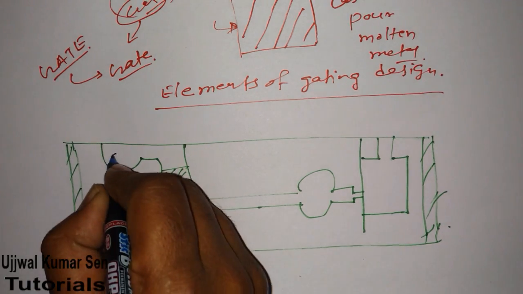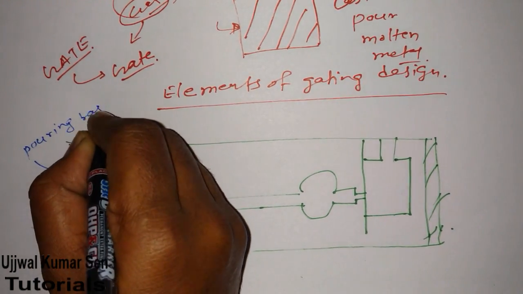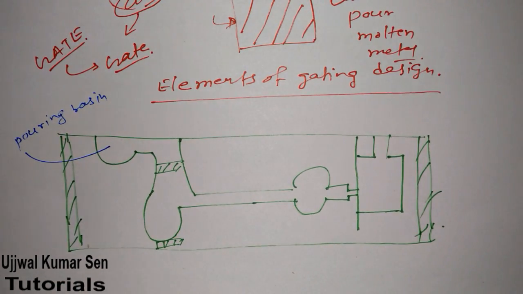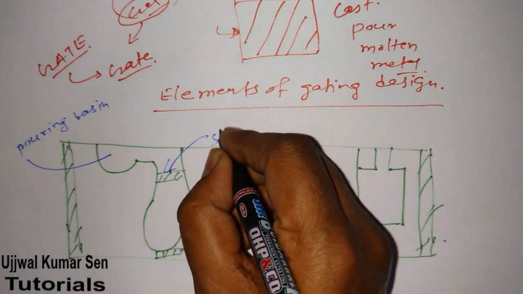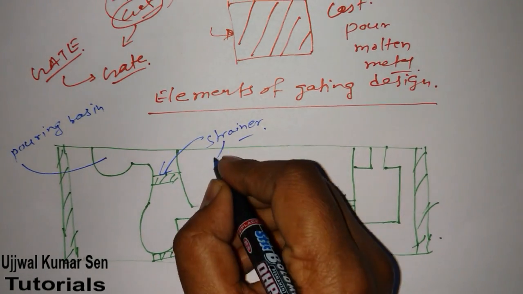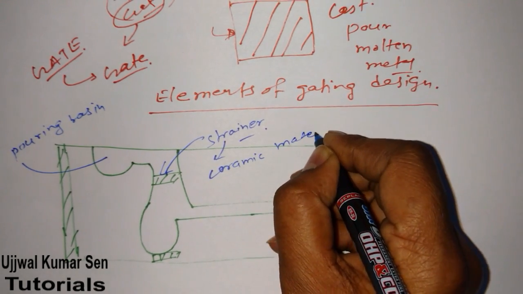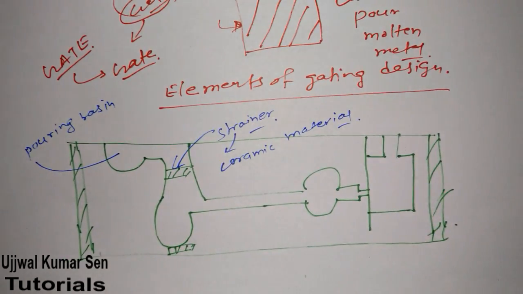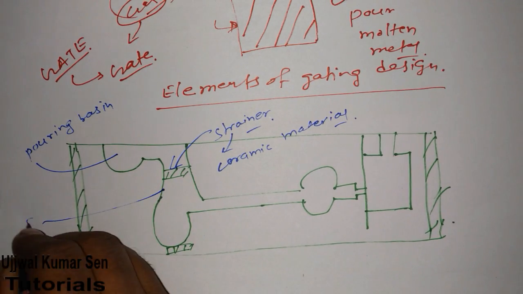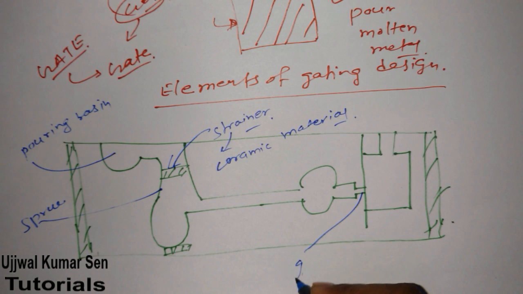Here I'm going to share with you all the important elements. First, this one is known as the pouring basin. This one is known as the strainer, and basically the strainer is made of ceramic material, so don't get confused. This is known as the sprue, and this one is known as the gate.